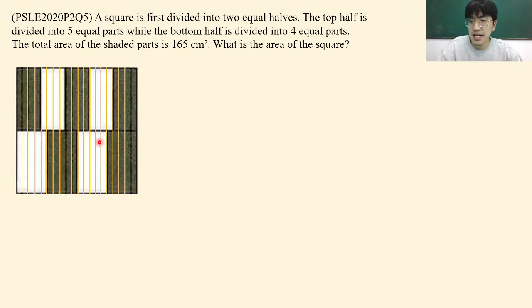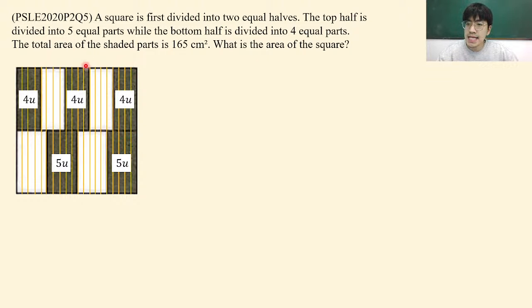So now let's check what are the fractions, what are the portion of the shaded parts. Now over here we see that we have 5 units shaded, another 4 units, another 4 units, and another 4 units. And at the bottom, we have 5 units over here and 5 units over here. We can count 1, 2, 3, 4, 5.